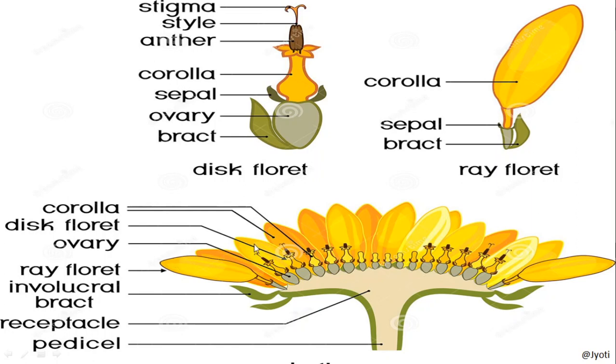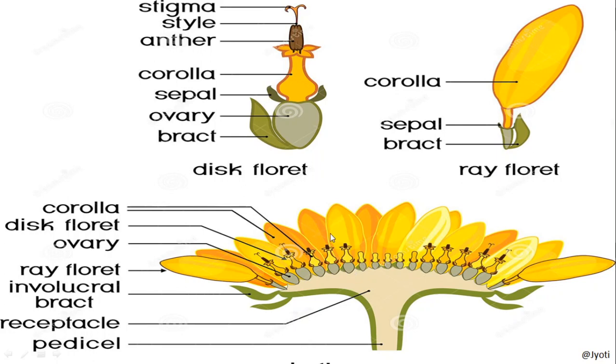Here you can see the peripheral flowers, which are called ray florets, but towards the center you can see these flowers are restricted to a disc-like portion, so they are called disc florets. Here is the highlighted picture of the disc floret. These disc florets are small and they are confined to a disc-shaped area on the peduncle. So they are known as disc floret.